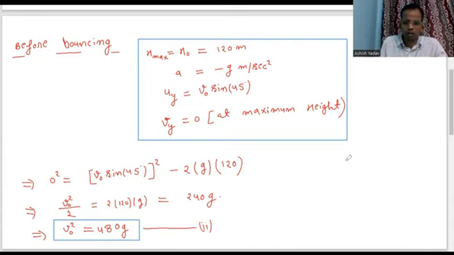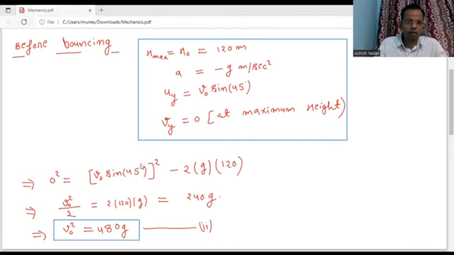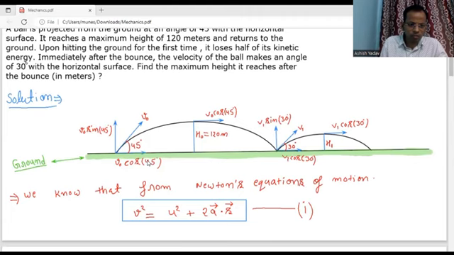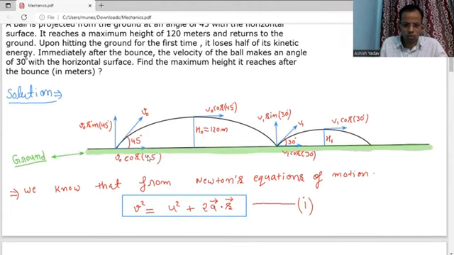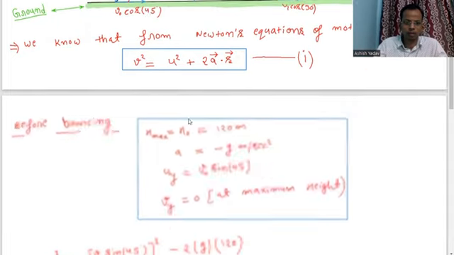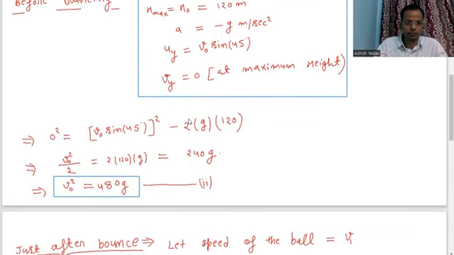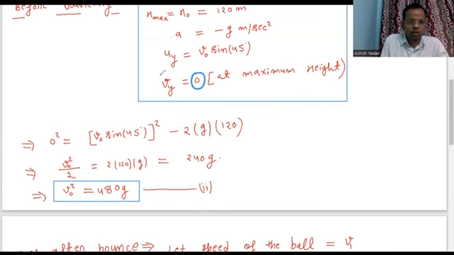Now apply the third equation of motion, v square equals u square plus 2 a vector dot s vector. The final vertical component v is 0, so 0 square equals the initial vertical component, v naught sine 45 degrees, squared, before the ball strikes the ground the first time, minus 2 g h.